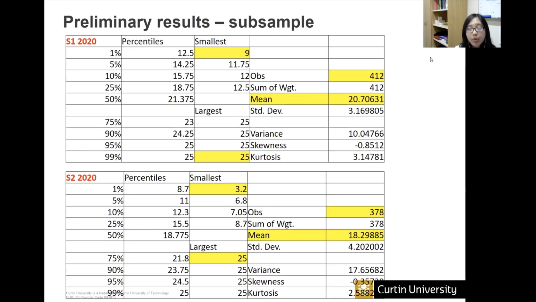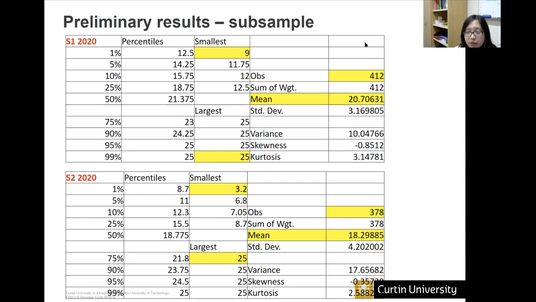Also, I split the sample into two periods: semester 1 2020 and semester 2 2020. For semester 1 2020, we have 412 observations, meaning the number of students. The lowest mark is 9 and the highest mark is 25. The average score is 20.71. Compared to semester 1, in semester 2 we have a slightly smaller number of observations, 378, probably due to the impact of COVID-19.